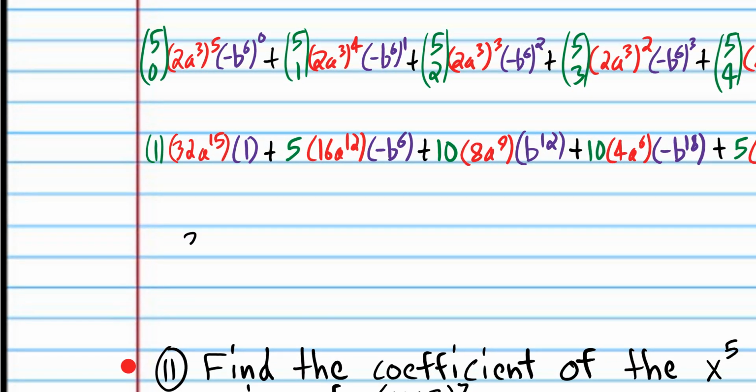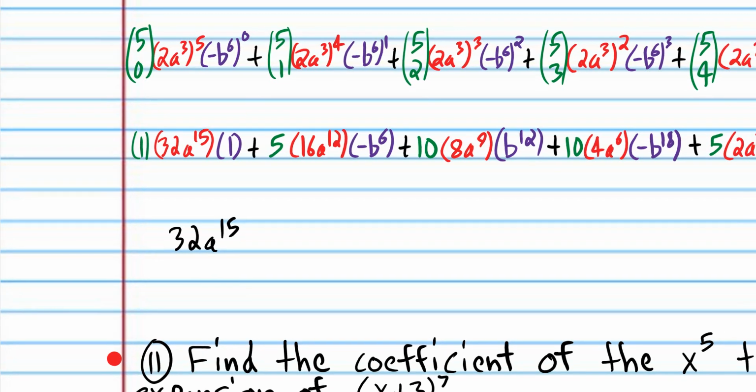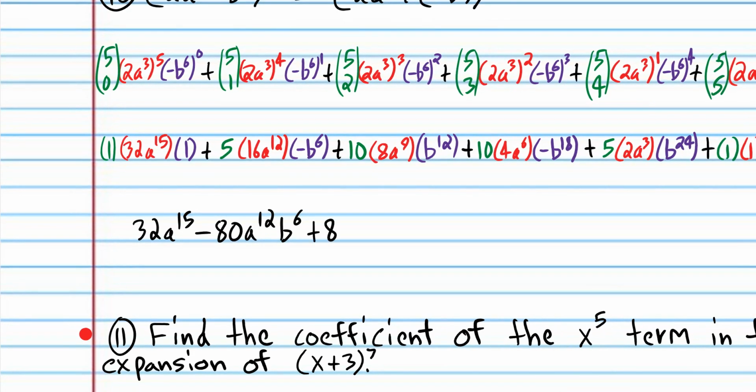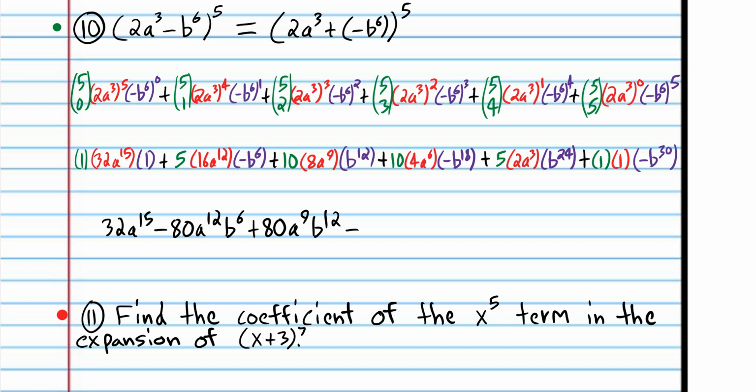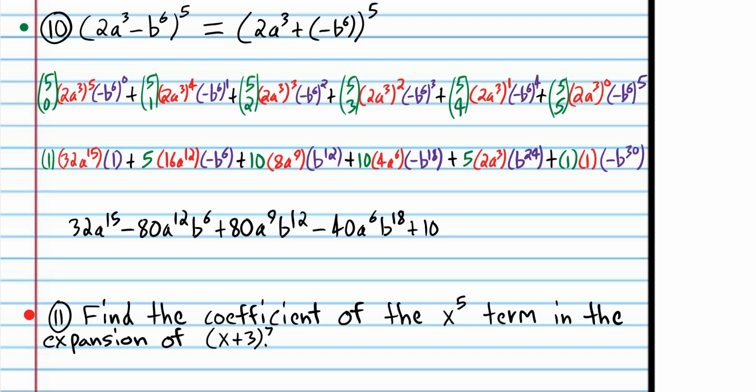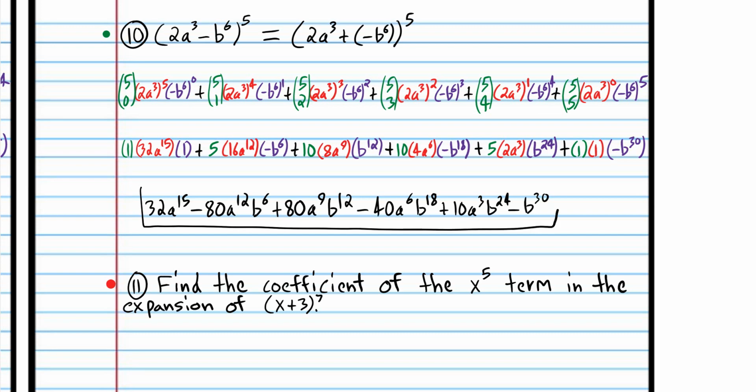So we have 32 a to the 15th power minus 80 a to the 12th power b to the 6th power plus 80 a to the 9th power b to the 12th power and minus 40 a to the 6th power b to the 18th power plus 10 a to the 3rd power b to the 24th power minus b to the 30th power. So that is the expansion.